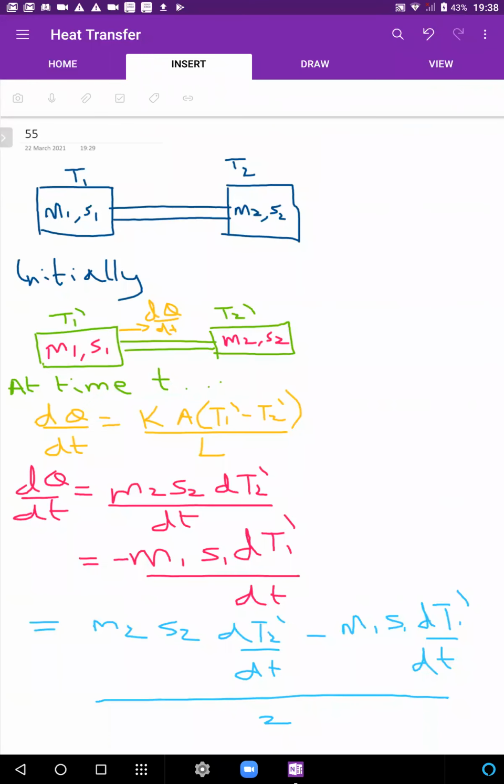Maybe you could have done it had I mentioned this. ये question में, the equation it yields is only solvable if दोनों के heat capacities are the same. In other words, if M1 S1 and M2 S2 are the same, only then this is solvable. All right, so that's actually something I missed giving. Otherwise, the equation you get is not an equation you can solve.